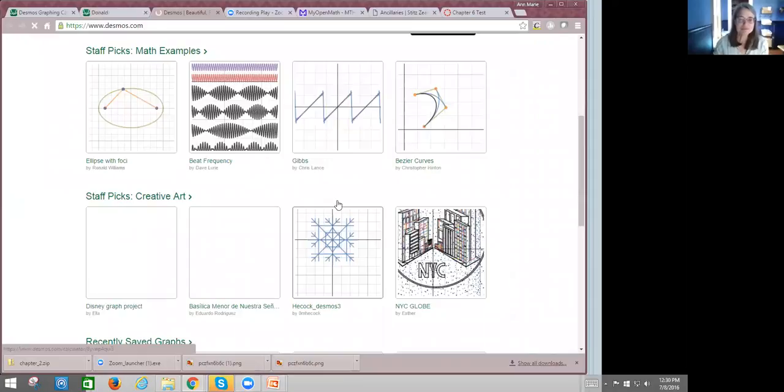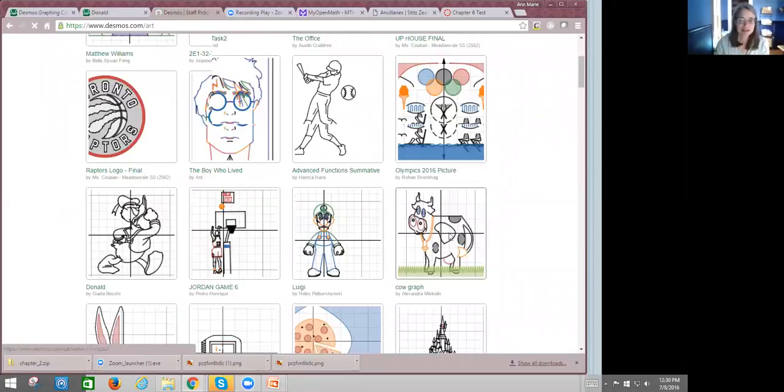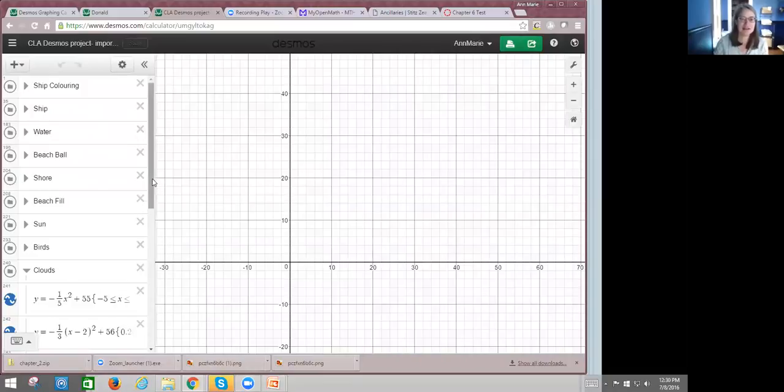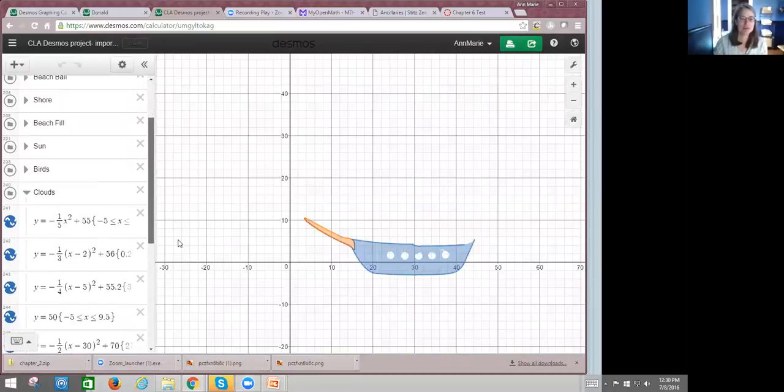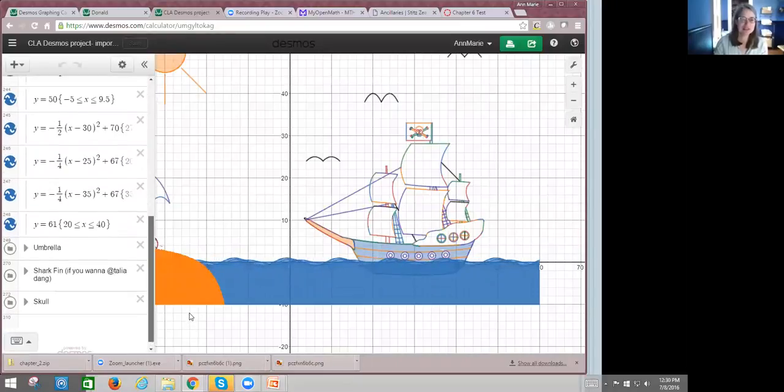Another example of why we want to do this. Here we have a boat on the water. And again, this is all built with equations. As we understand how equations work, we can build things like this.